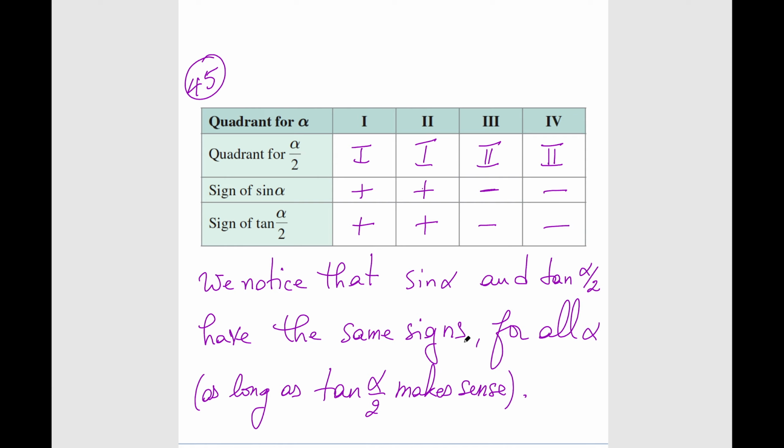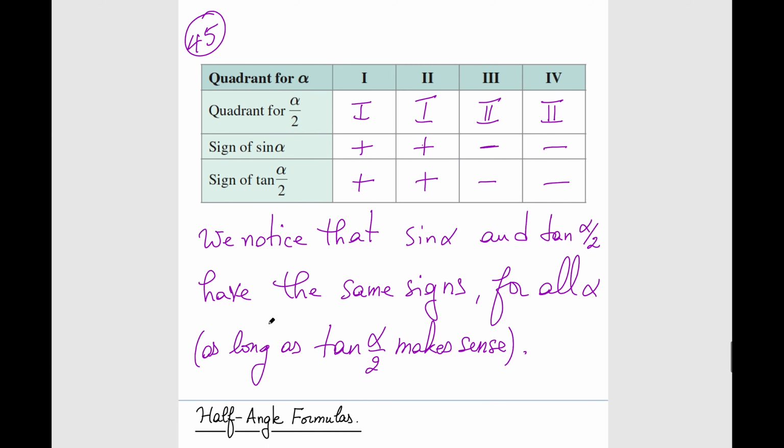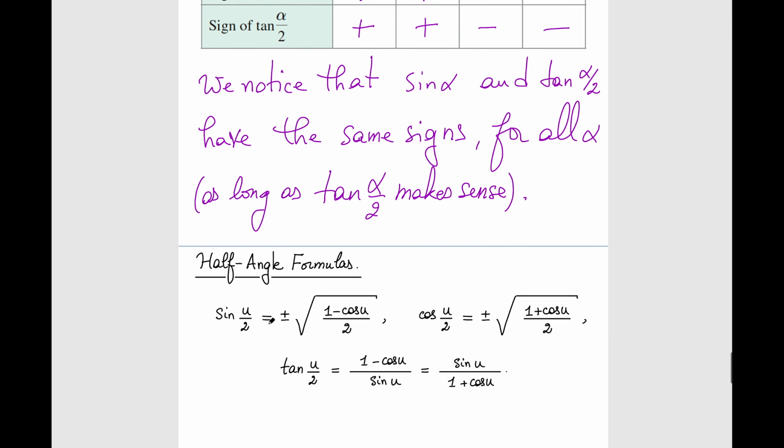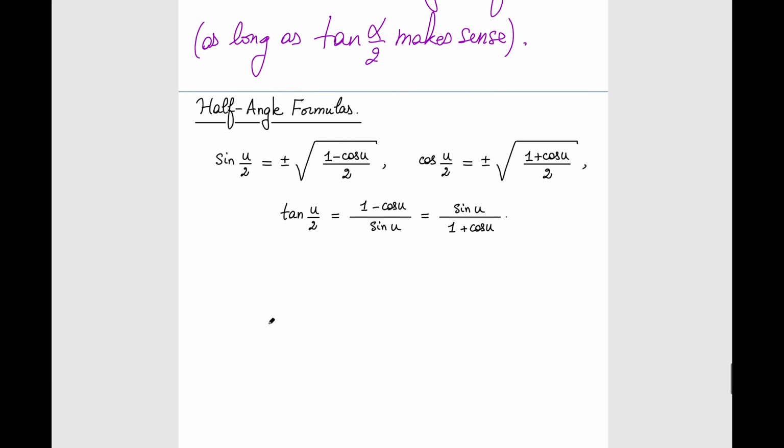That's my point. But as long as both of these entities, tangent of alpha over 2 and sine of alpha, are meaningful entities, then what we just discovered is they must have the same sign. All right, so we're gonna take this knowledge and try to use it very soon.